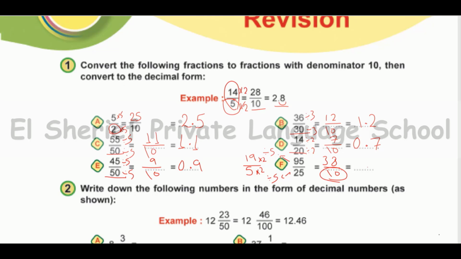Now we can convert it to decimal form. We put 38 as it, then put the decimal point after one digit from the right, so the result is 3.8.